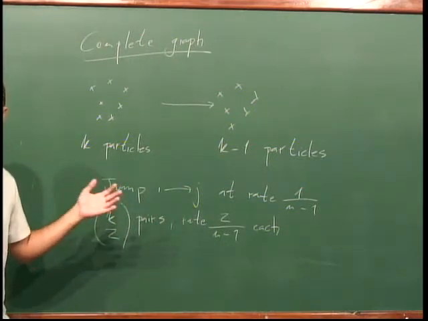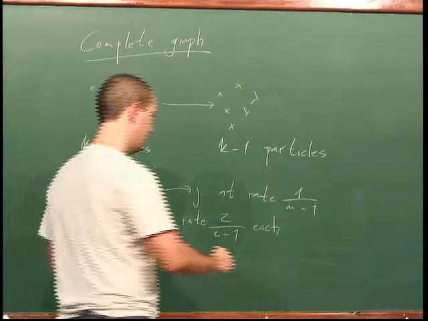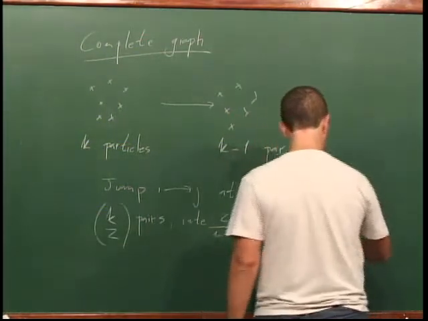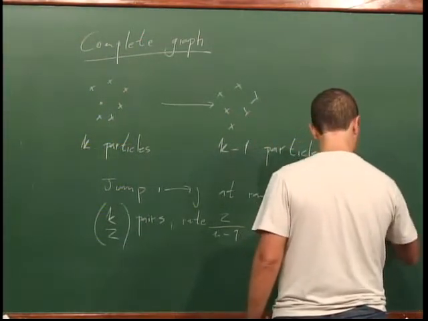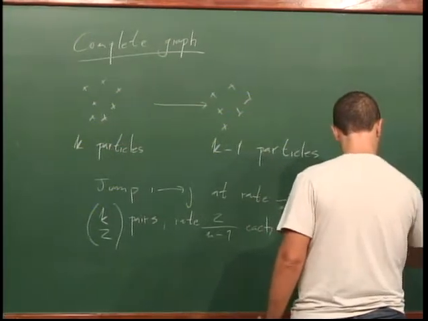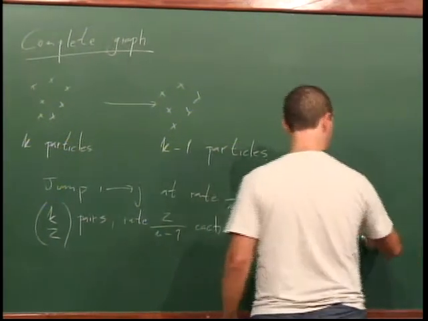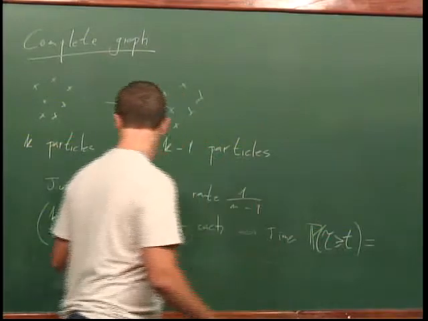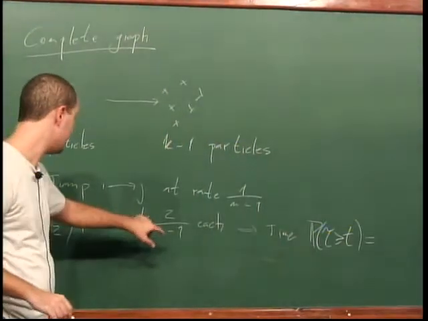The independence really comes from the symmetries of the graph. So this is going to give you a time that's an exponential with a rate that's this times this.